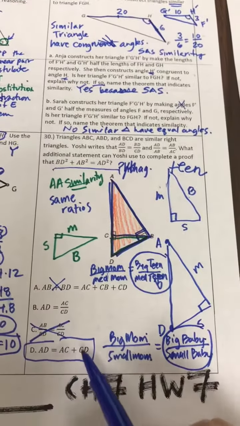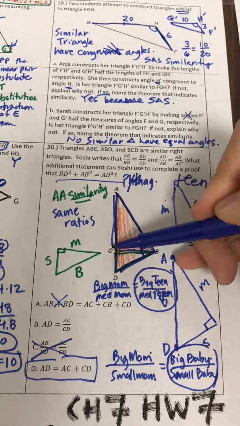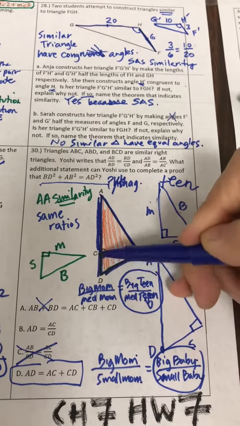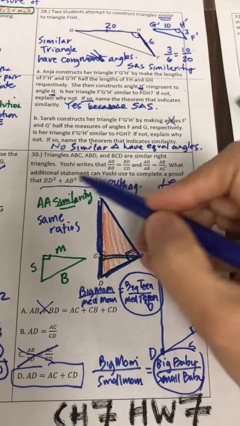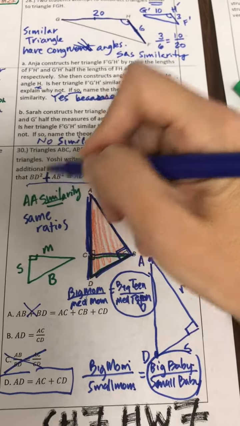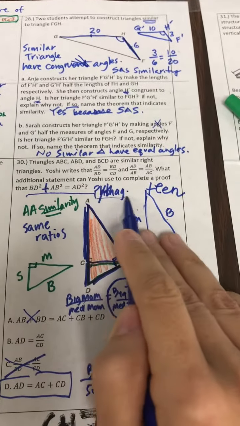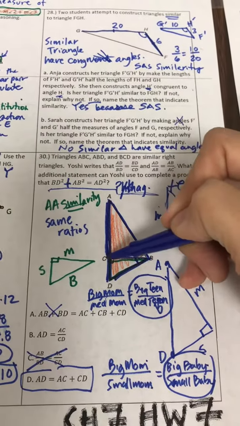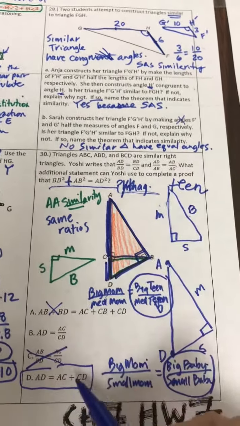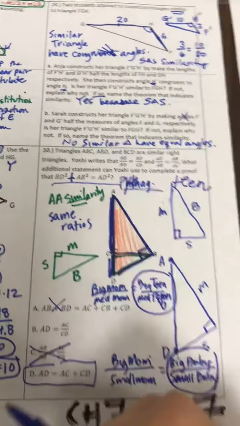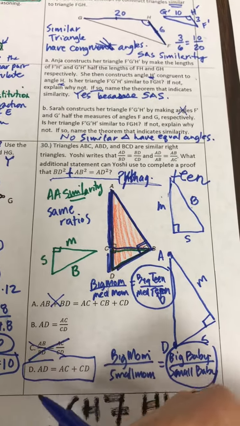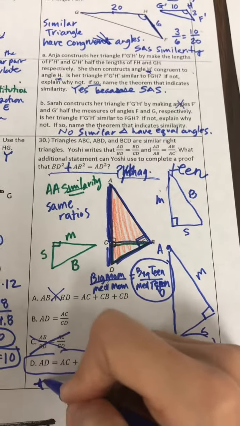I think you can, but part of what you have to recognize is, how did we get from a bunch of fractions to an addition statement in order to prove that the Pythagorean theorem would work? I think you'd need to take segment AC and add it to segment CD in order to get the whole segment. And that's exactly what they did. So I'm definitely going to pick D there. Kind of a weird, tricky question, but we're going to move on.